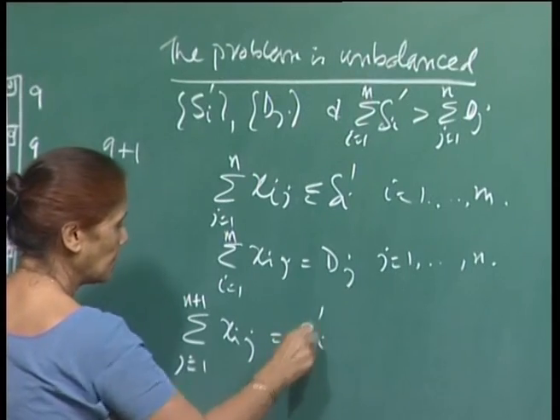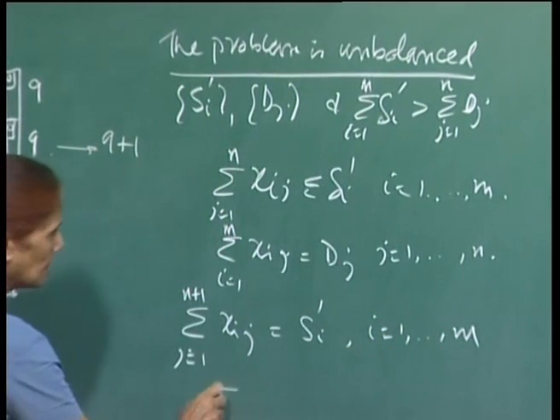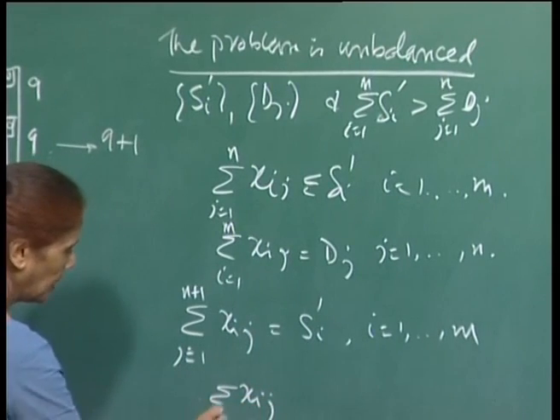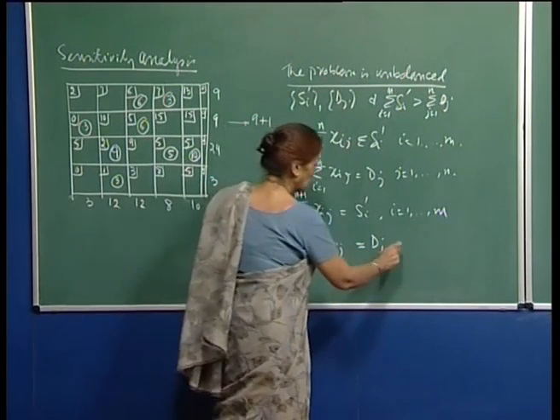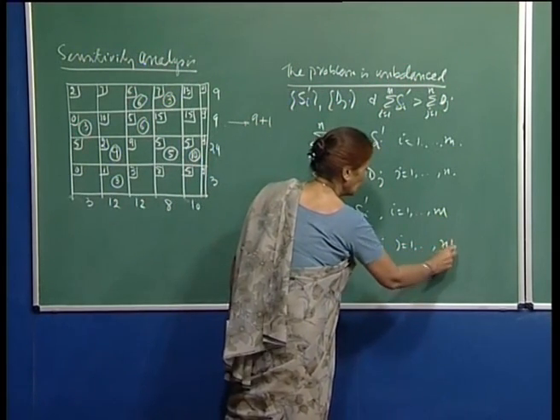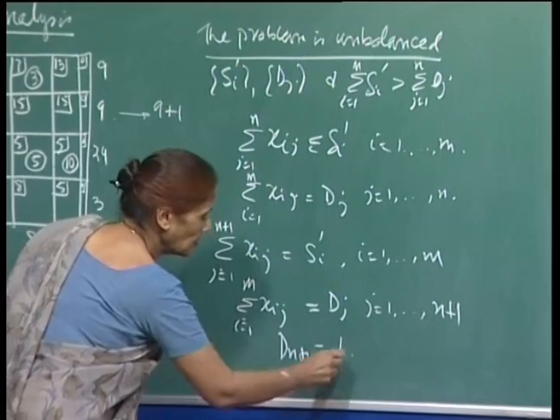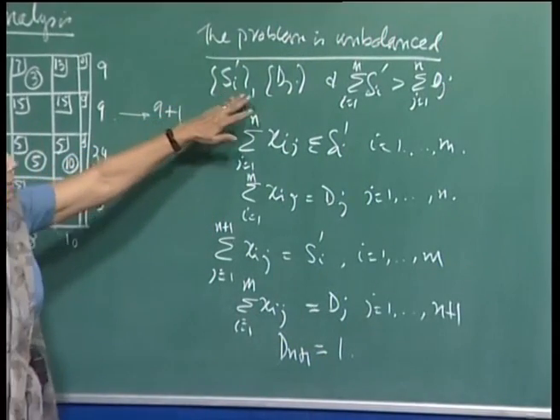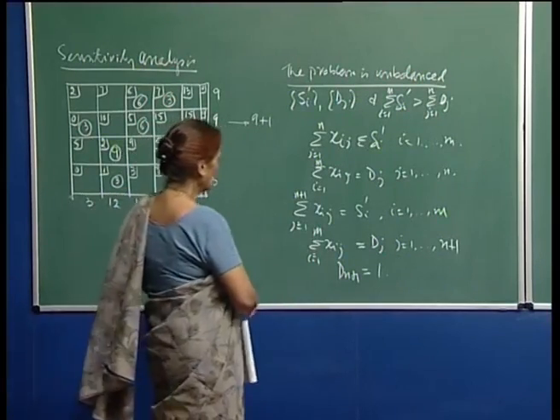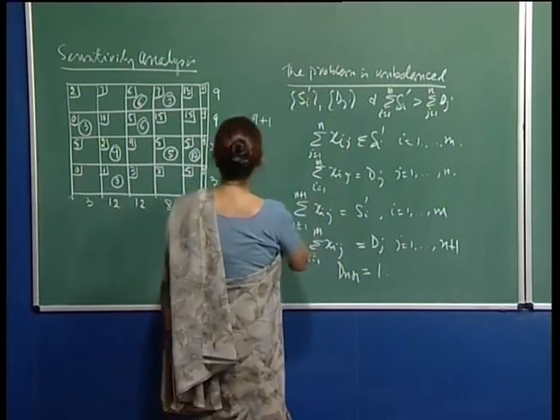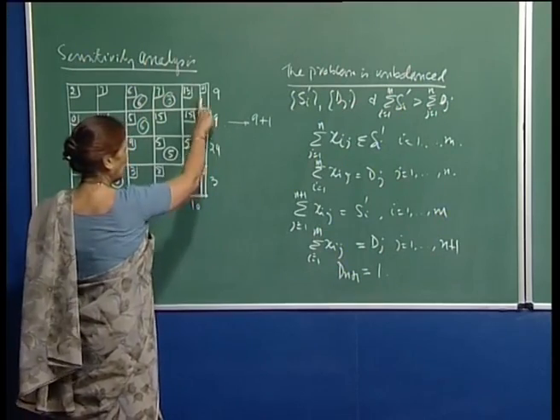So, then this equals s i prime, i varying from 1 to m, and summation x i j, i varying from 1 to m, is equal to d j, and here j varies from 1 to n plus 1, and so you know that your d n plus 1 is equal to the difference, sigma s i prime minus sigma d j, because I have just increased the one supply by more than 1, right. And now you can see that immediately, because this market, say this column, is the new column. So, in the dual problem you will simply have constraints added.